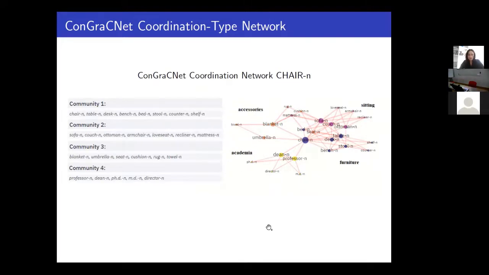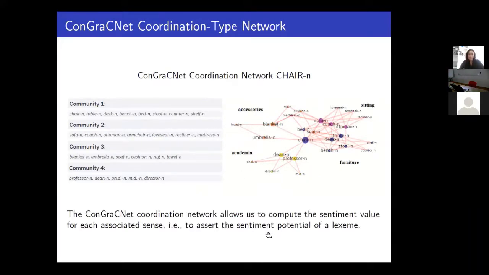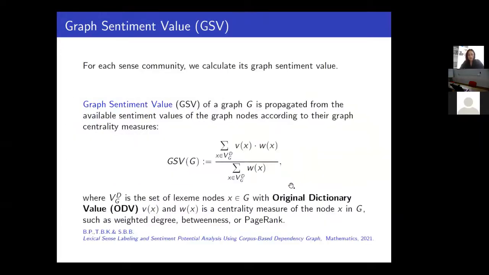Here are the main words of chair, and now we will select each of these communities and calculate the sentiment value of that community, not of a single word, but of a graph. How we do that is by calculating with the available sentiment values of the nodes in the graph, and taking into account also the graph centrality measures.